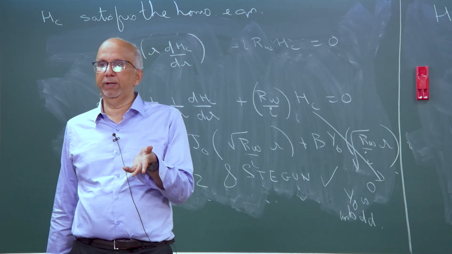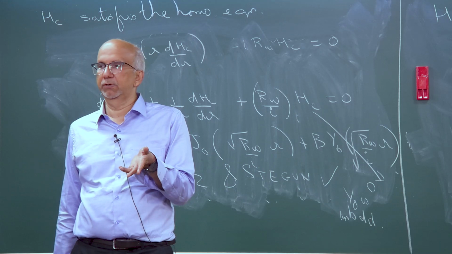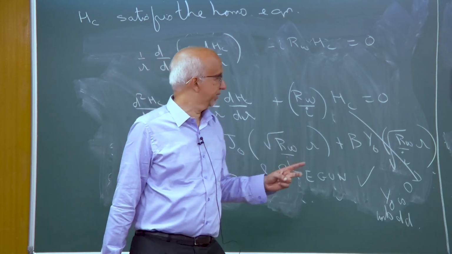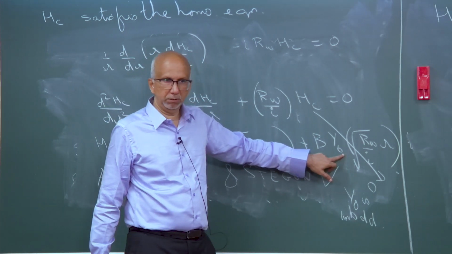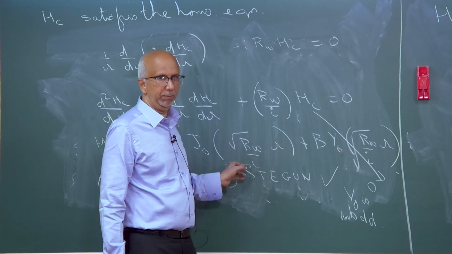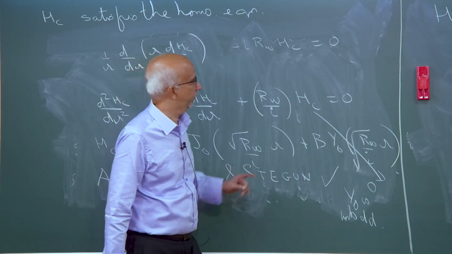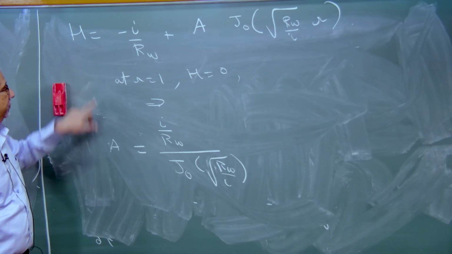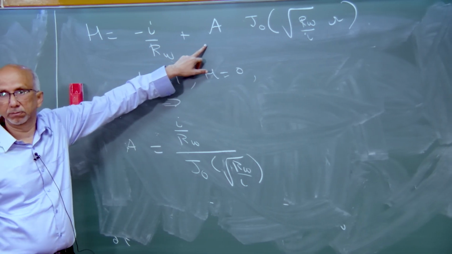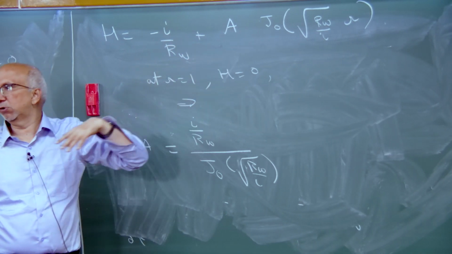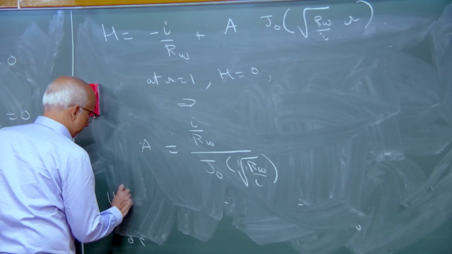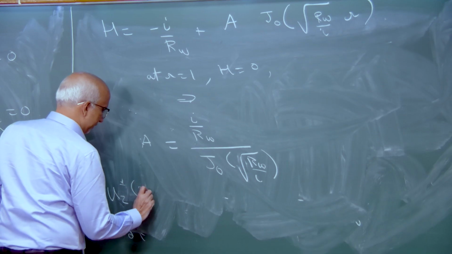So I found my arbitrary constant A, which came by using the boundary condition. There were two constants: boundedness made one of them 0, and the other was found by using the wall boundary condition. A is known. Now I can substitute this A back inside here. You can see that the solution is now complex. So what is uz star of r, t?